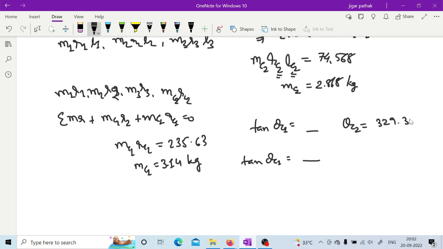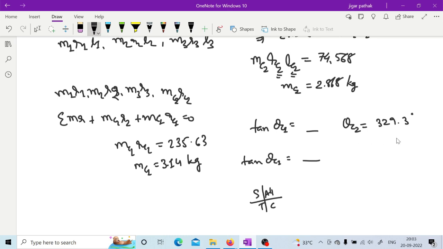It is coming in the fourth quadrant, because sine is negative and cos is positive, so it will be in the fourth quadrant only, because you have this ASTC rule, right?